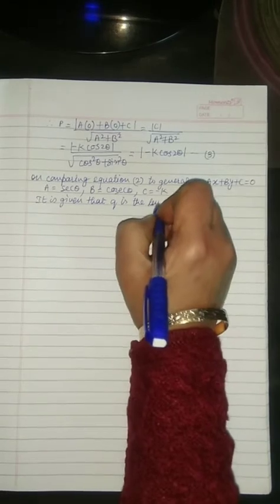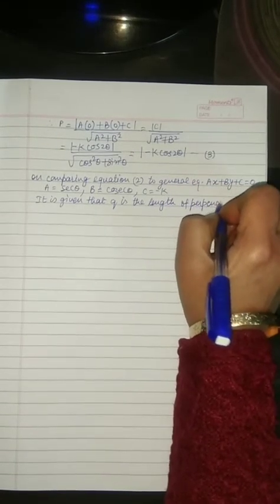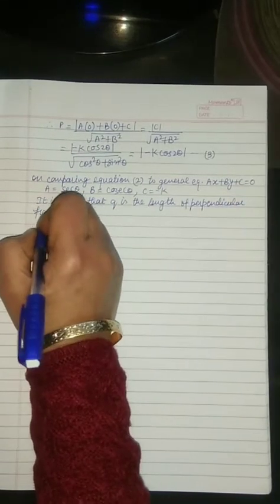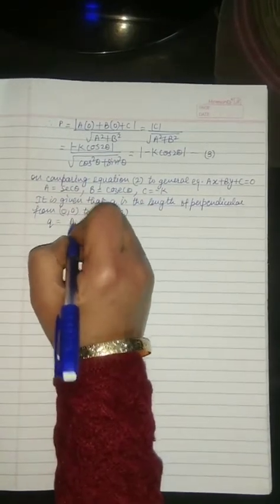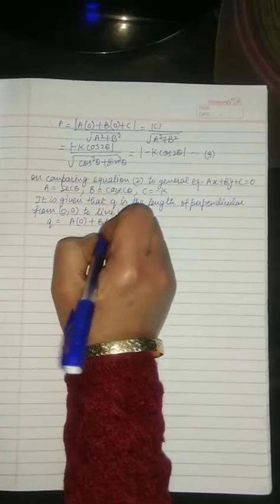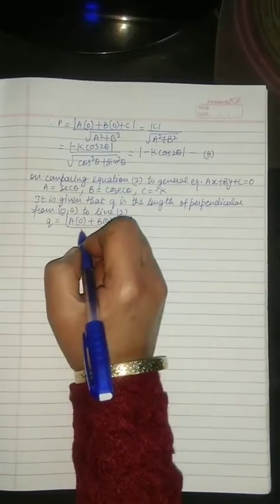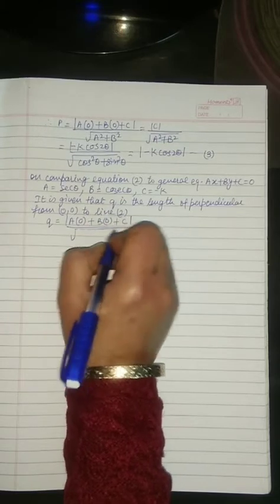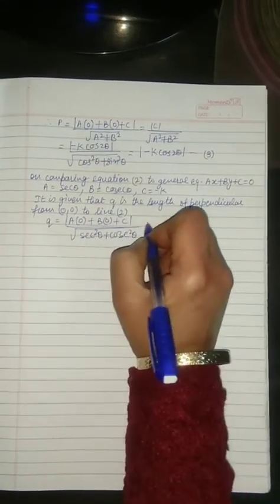Now it is given that q is the length of perpendicular from origin, that is 0, 0, to line 2. So q will be equal to (a into 0 plus b into 0 plus c) upon under root a square plus b square, which is equal to secant square theta plus cosecant square theta.